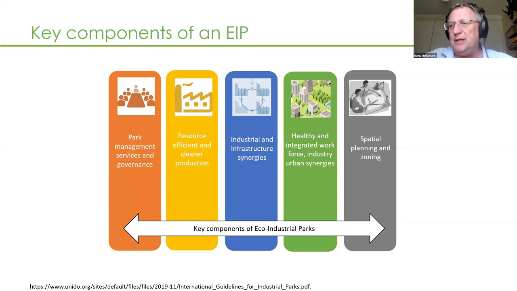I think the fourth one that is really important, and that is falling by the wayside in many industrial spaces still, even in South Africa, where we have very strong labor relations legislation, and occupational health and safety and occupational hygiene legislation. What is really important in an eco-industrial park is a healthy and integrated workforce.